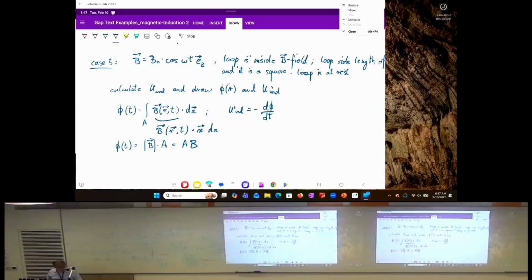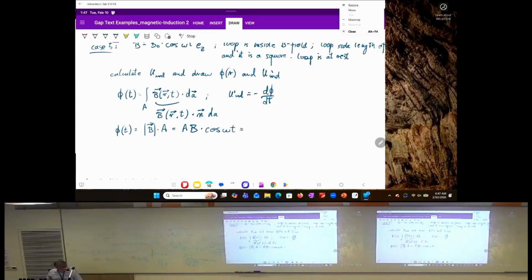The area is small a squared. Then depending on the temporal development, we have cosine omega t. So we have a squared times B cosine omega t.